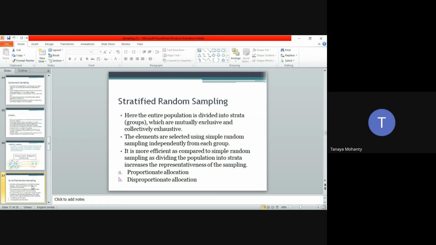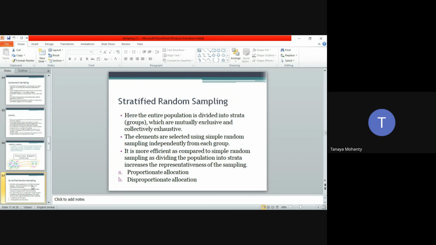There are three categories. When it is mutually exclusive, a particular fish cannot be repeated in more than one category, and if you add them up it will come to the exact number that we have already identified. So the elements are selected by using simple random sampling independently from each group.